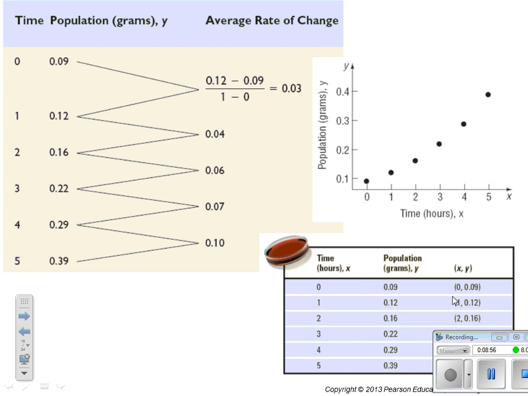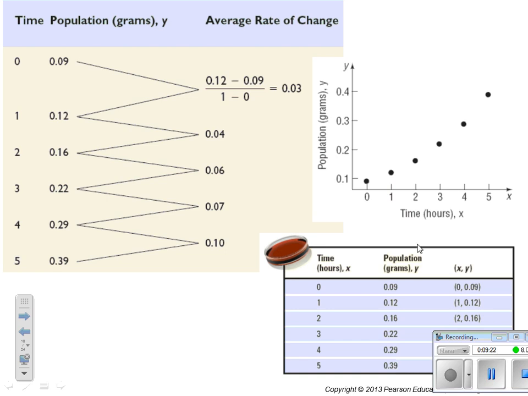Okay, so given the graph and the data points, we're going to calculate the average rate of change between 0 and 1, 1 and 2, 2 and 3, 3 and 4, and 4 and 5. If it's a linear function, our average rate of change should be constant.